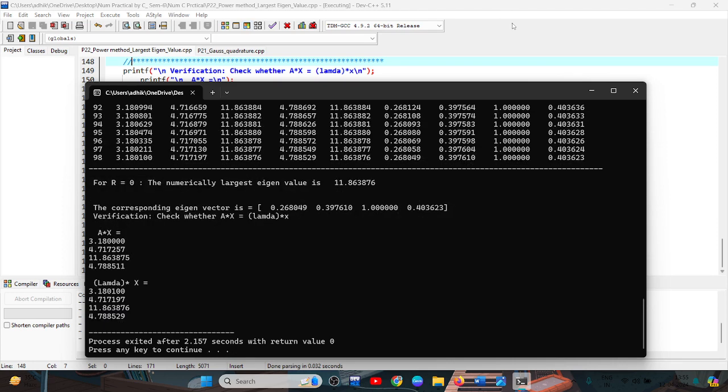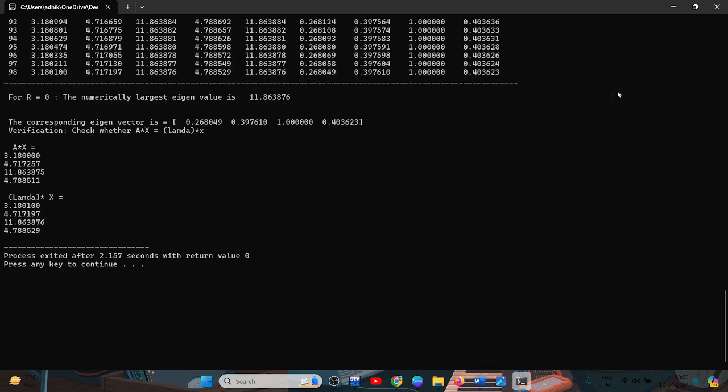You get the verification: Ax equals this column matrix 3.18, 4.71, 11.86, 4.78, and lambda into x, where lambda is equal to 11.86, gives the same. So Ax equal to lambda x is obviously satisfied.